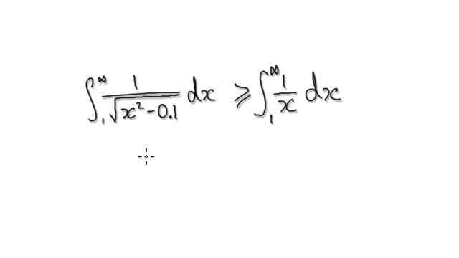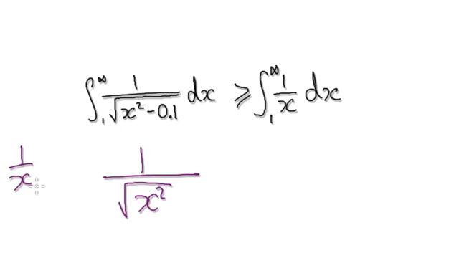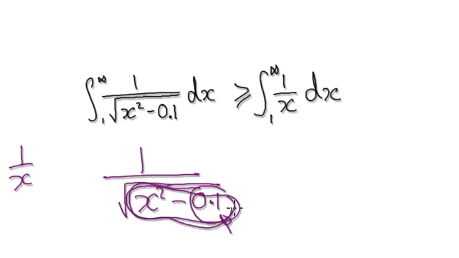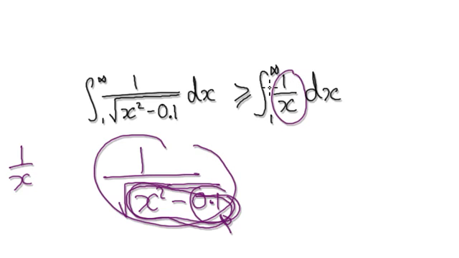Let's look at this here: x squared and then you square root it. So in your mind it's very similar to this. But then you're taking away a tiny bit here. If you're taking away a tiny bit here, then it makes the overall thing slightly bigger than this thing here.